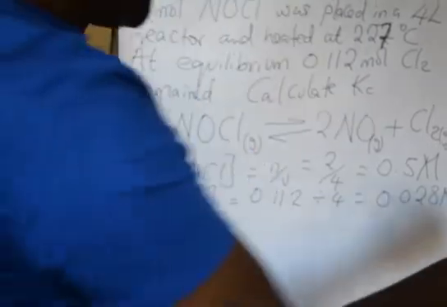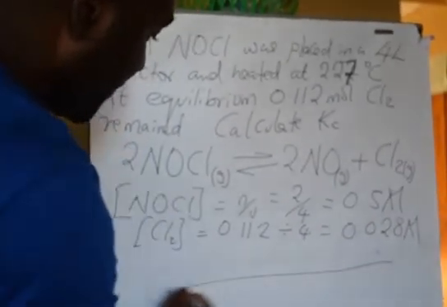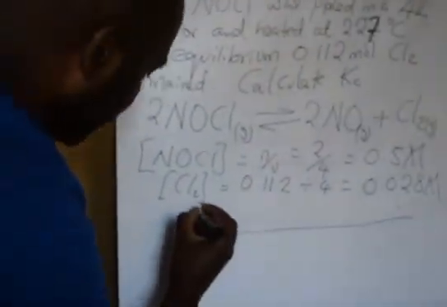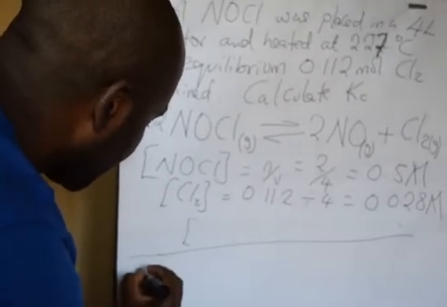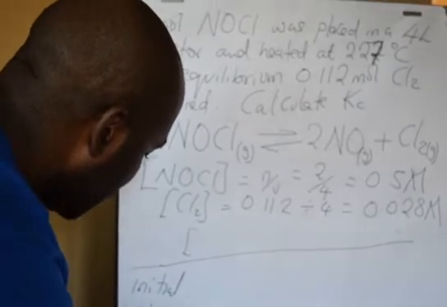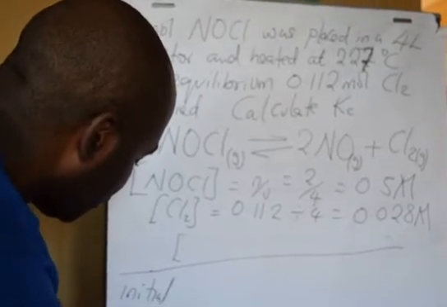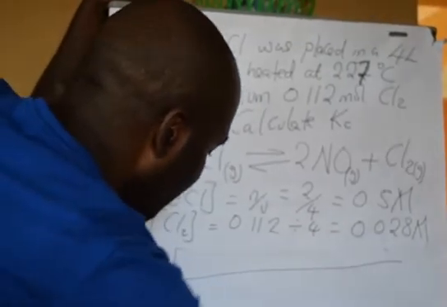Then we will now establish what we call the ICE table, because a lot of you want to know something about the ICE table. Alright, the equation. So we have ICE, I is initial, then change, then equilibrium. So that's our ICE table.